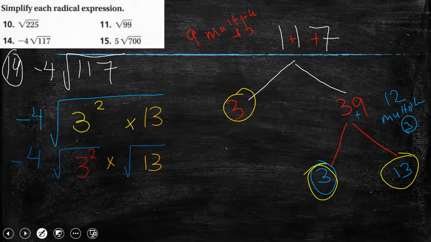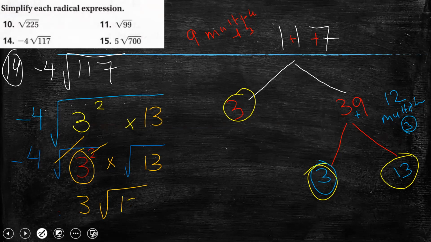Then, as I told you in chapter 7, the square root cancels the exponent 2. I mean, the square cancels the square root. So after they cancel, I have 3 only. 3 square root of 13, I keep it as it is. Then I multiply it by -4. So the final answer is 3 times -4, which is -12 square root of 13.